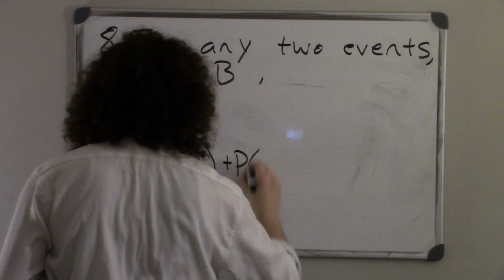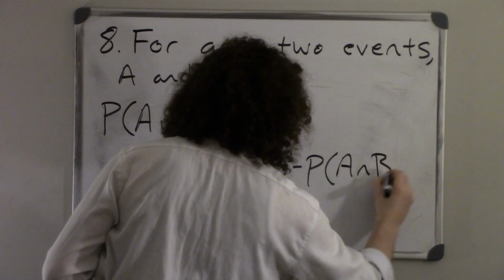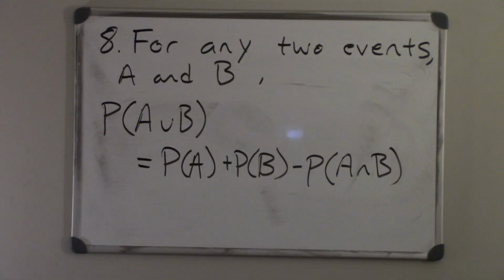Once again, probability of A plus the probability of B. Then we're going to subtract the probability of the intersection of A and B. So that is how we're going to calculate the probability of a union for any two events.